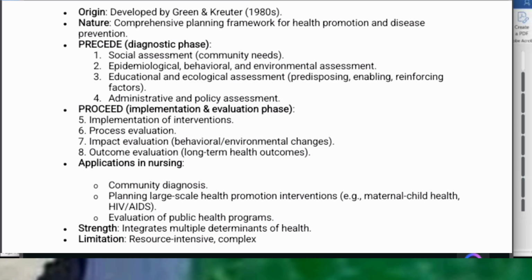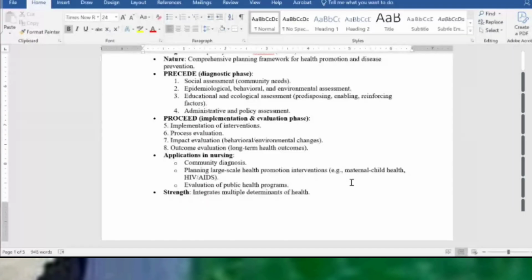As you have seen in my explanation, there is diagnosis, implementation, and then evaluation. So it can assist us to find out whether a particular program is working or not working, and to find out the weaknesses and the strengths.